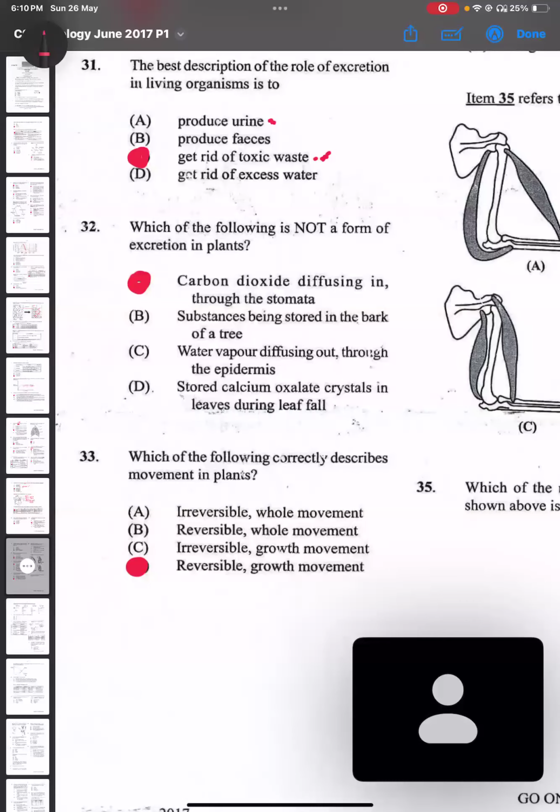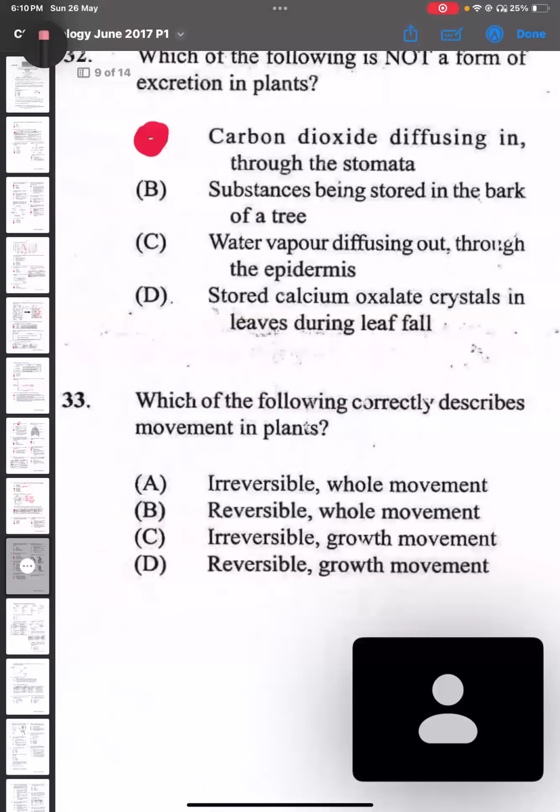However, we have two different types of movement in plants, and if it's talking about growth movement, it's talking about tropic movement. So this question is kind of weird. So we're going to work with C.